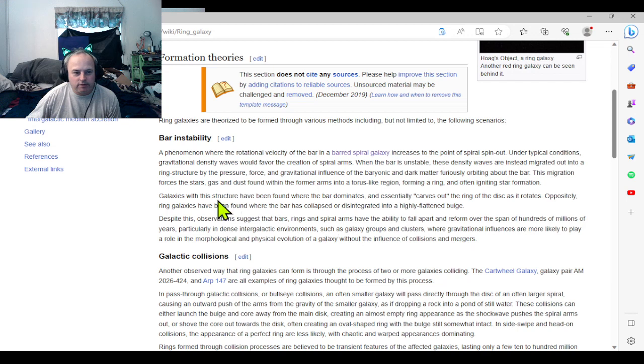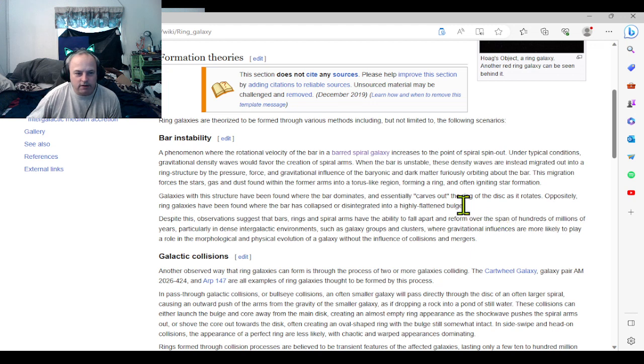This migration forces stars, gas, and dust found within the former arms into a torus-like region, forming a ring and often igniting star formation. So galaxies with this have been found where the bar dominates, essentially carving out the ring as it rotates.